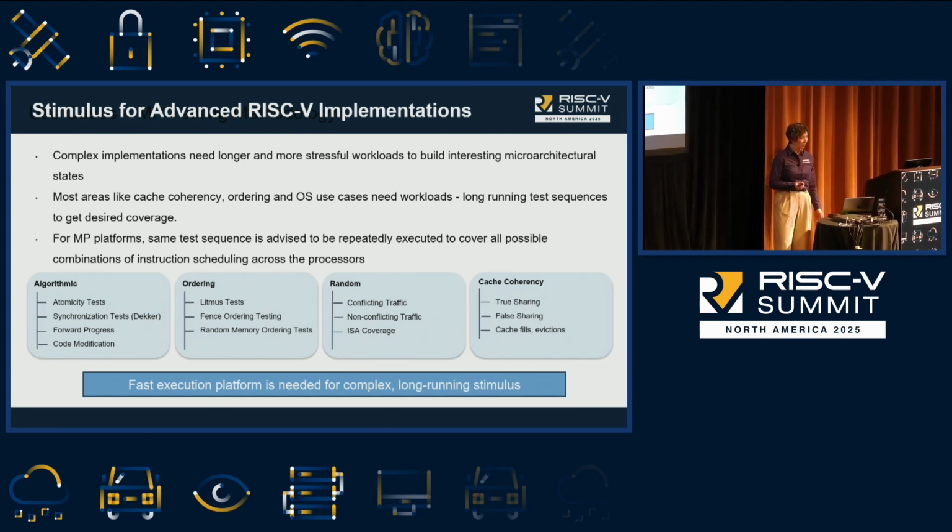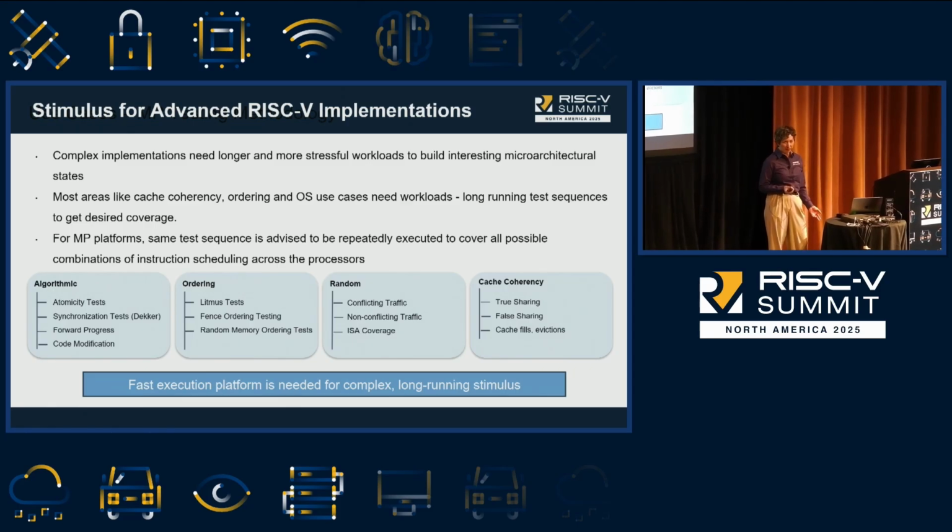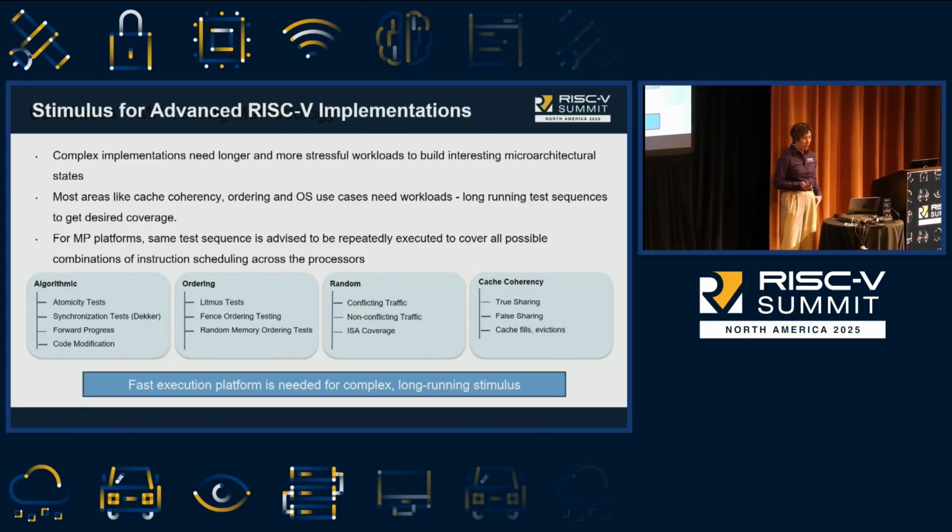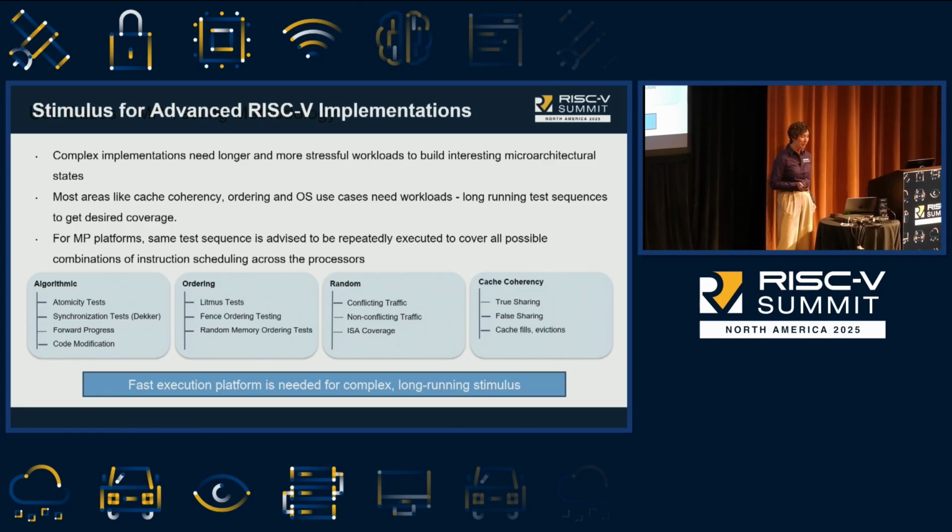Right? And in terms of workloads, some examples of the kind of workloads that we are generating are tests for atomics, atomicity, memory ordering tests, weak memory ordering, and litmus tests, constrained random tests and constrained random traffic, and also cache coherency scenarios like true sharing and false sharing.